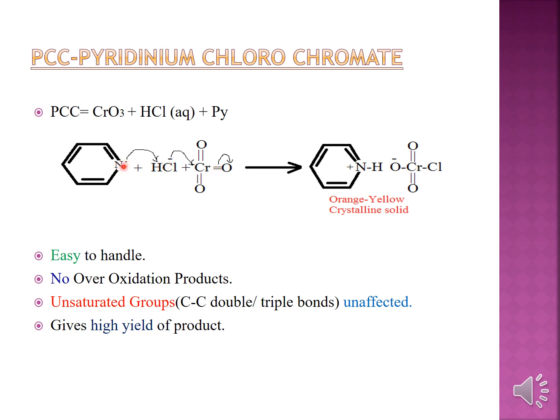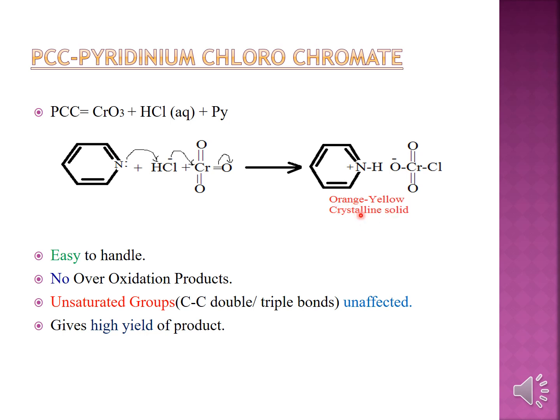The nitrogen, which has a lone pair of electrons, will abstract the proton, and Cl minus will attack the chromium. Meanwhile the bond will shift, making it a negative charge. So you will get the complex moiety, an orange yellow crystalline solid.